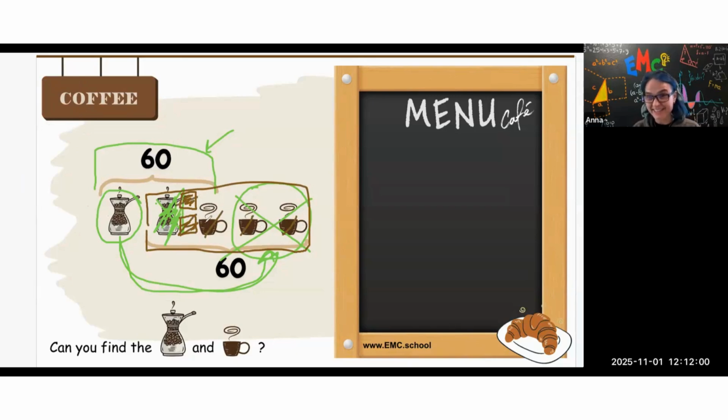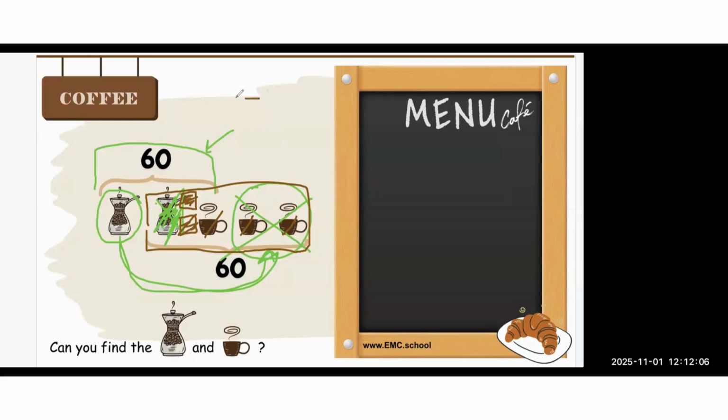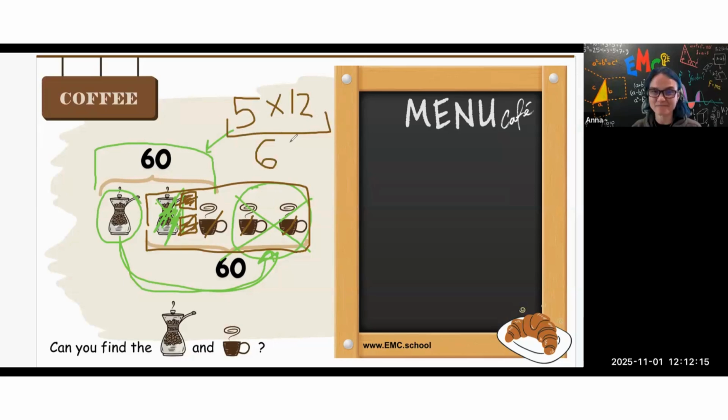And 5 cups are 60. Do you guys have the answer for how much is a cup? 12. So the brewer is 24, because the brewer is twice the cup, or the coffee maker. Yep. 24, because it's 2 12s, right?